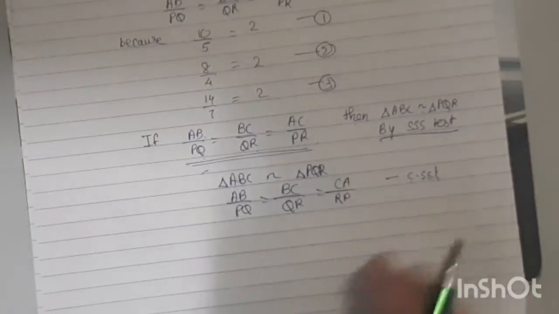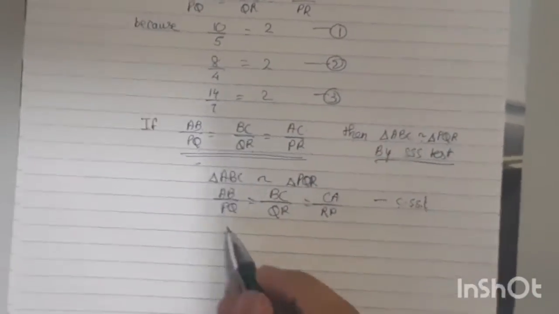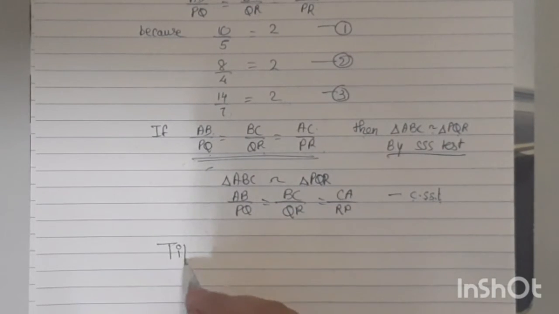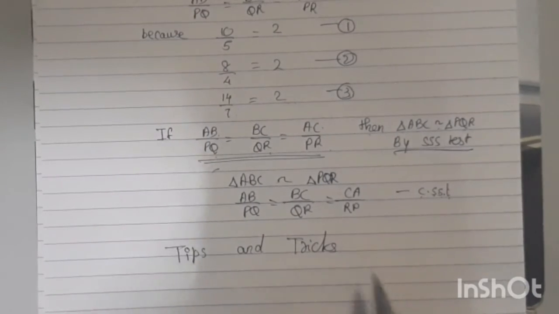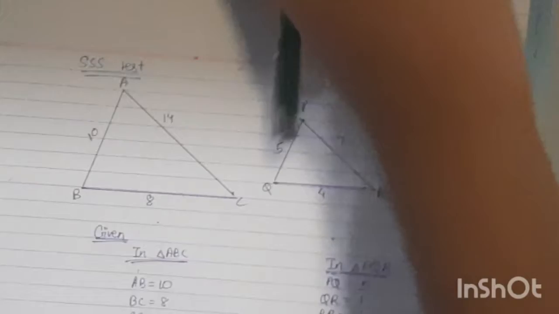Now let us move to the main segment of this video, that is tips and tricks. As I have mentioned before, a theorem is present, like ratios of areas of triangles. There's a theorem on page 23. Go through it.